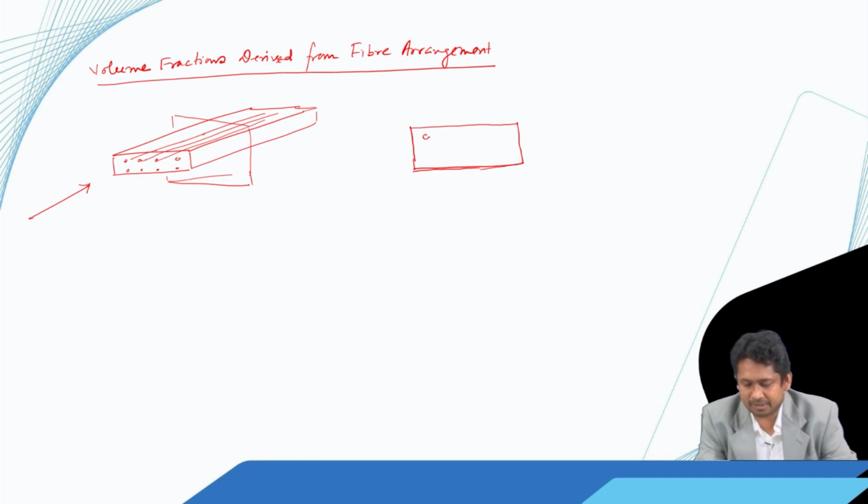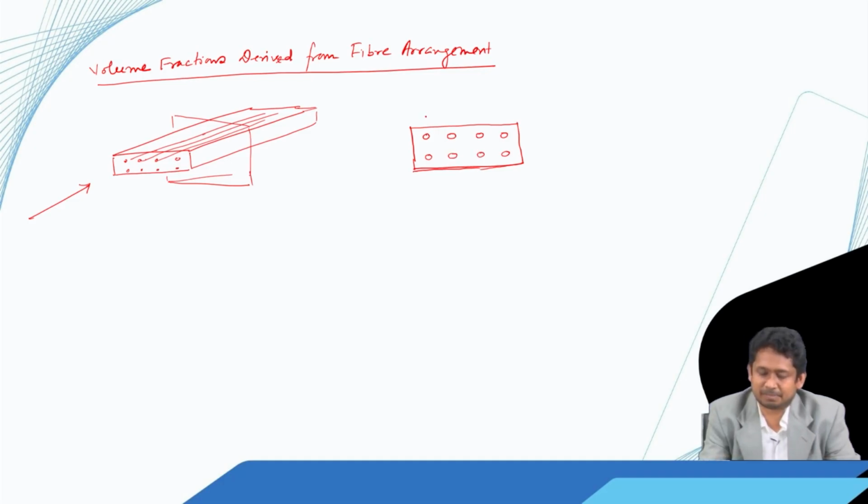So, there are cylindrical fibers with equal spacing and they are put in a square form. That means, the spacing between them, S, is the center to center spacing between two cylinders, and similarly the vertical spacing is also S. And let us say that each fiber has a diameter d. So, we are separately showing it for clarity.